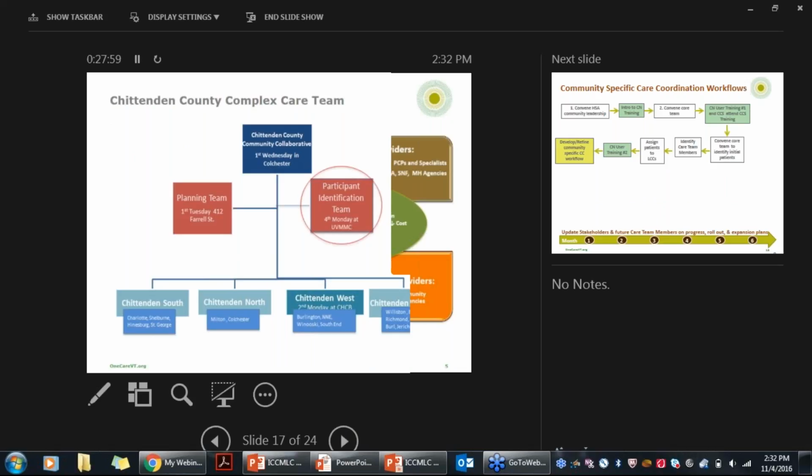This is an evolution of our integrated communities care management team. We were one of the first communities to be part of the pilot, and as the piloting and learning collaborative process has evolved, this is what we have come to as our structure.